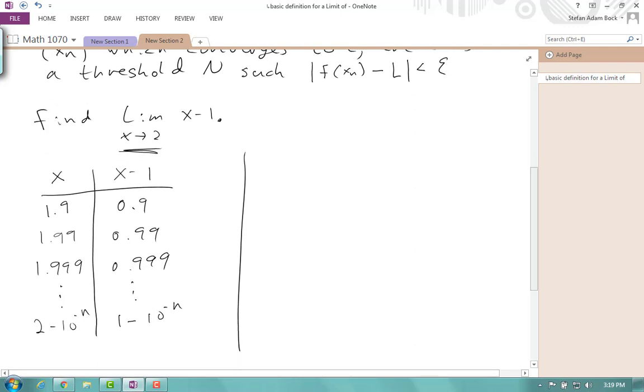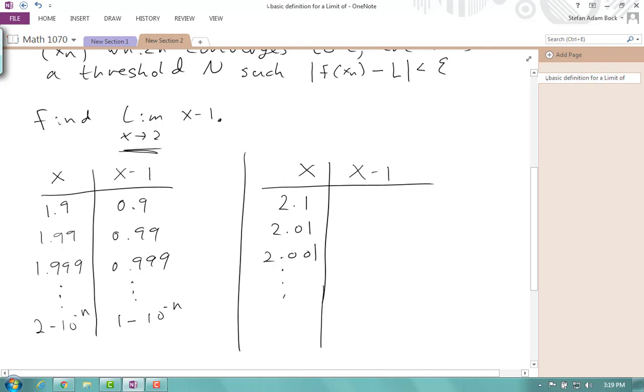I'll do this again for the opposite side of 2. All of my x values, my y values. I'll have 2.1, 2.01, 2.001, etc. until I get to 2 plus 10 to the minus n. 1.1, 1.01, 1.001, and in general 1 plus 10 to the minus n.